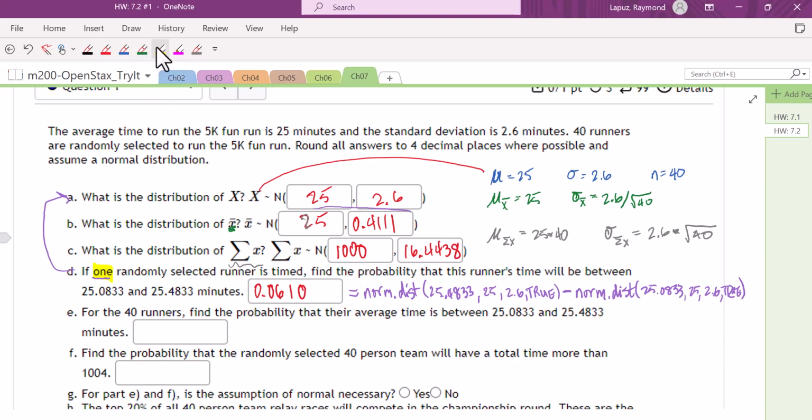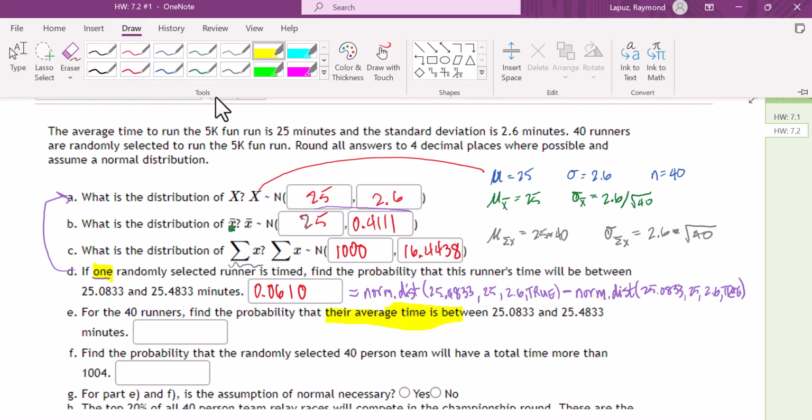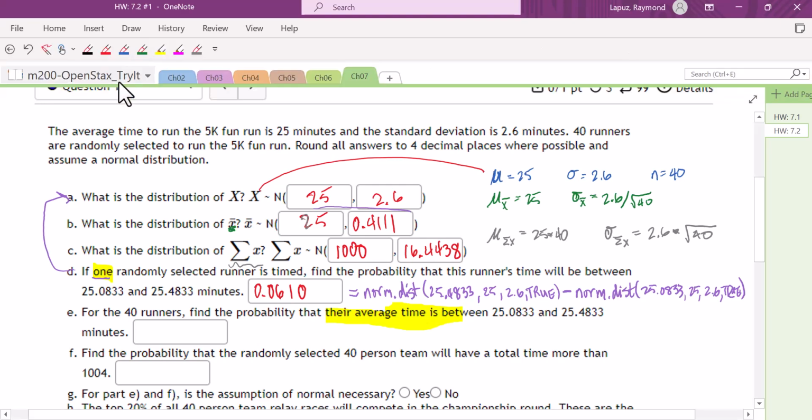Okay. Next question. For 40 runners, find the probability that their average time is between these two values. So their average time, I will highlight that to say, hey, we are now shifting to a different distribution. And our distribution that we're looking at is going to be, let's use a slightly thicker pen.